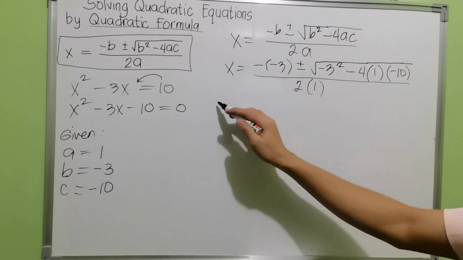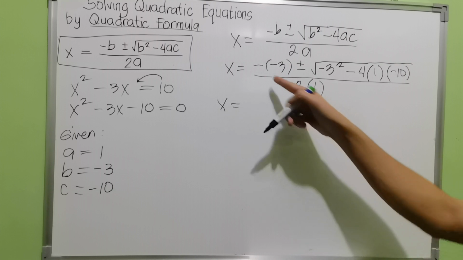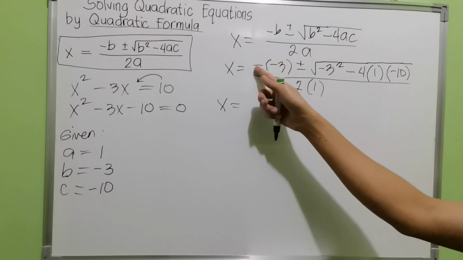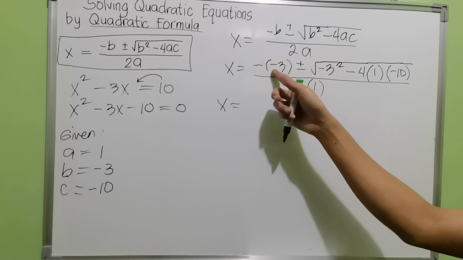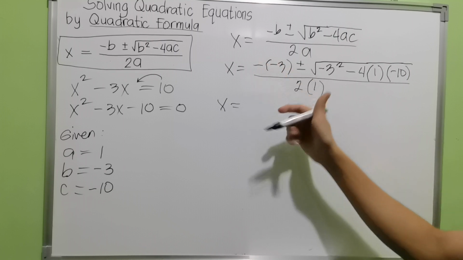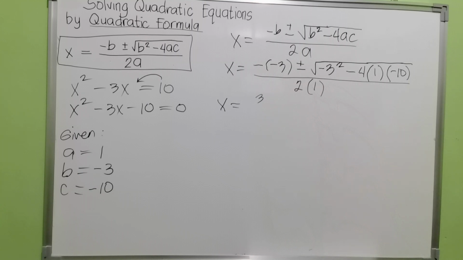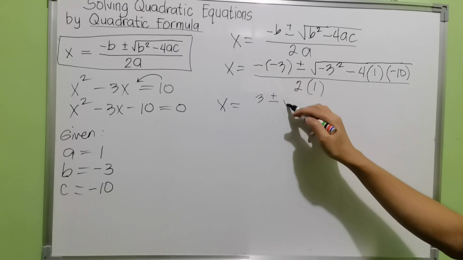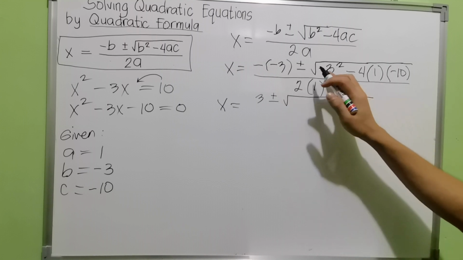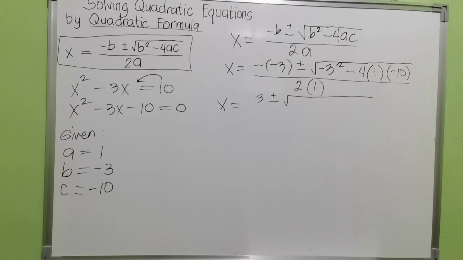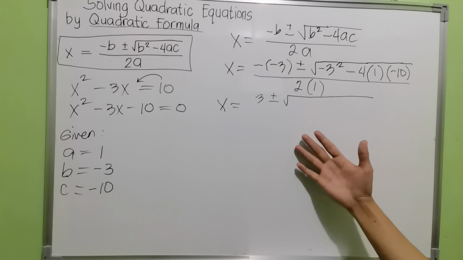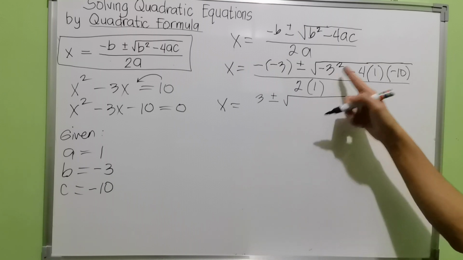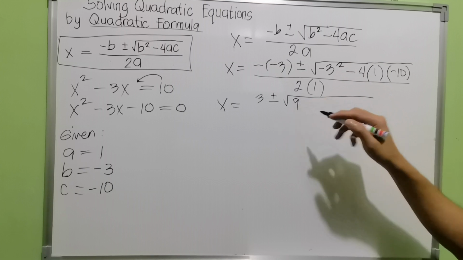So x equals negative times negative, because we have negative outside the parentheses and negative inside. Negative times negative becomes positive 3. We copy the positive and negative sign. Square root of negative 3 squared is negative 3 times negative 3, and negative times negative is positive, so negative 3 squared is 9.